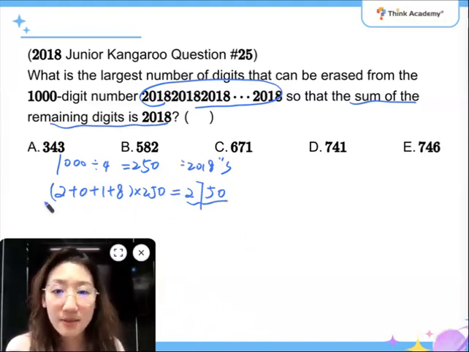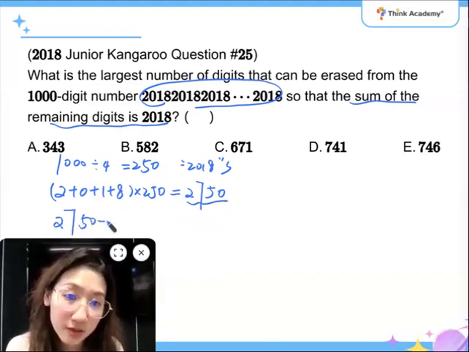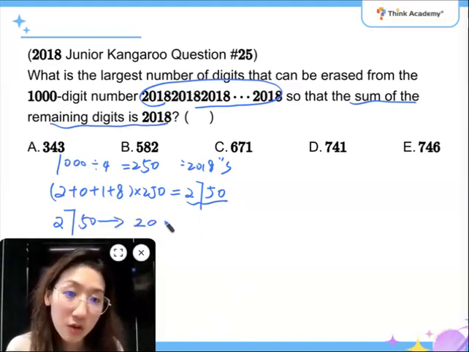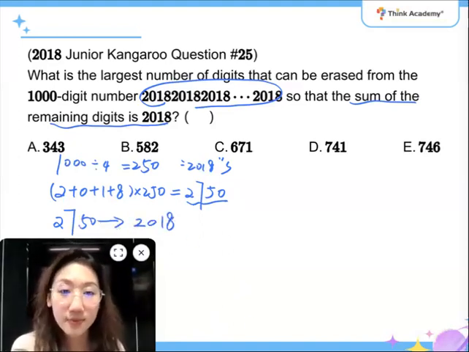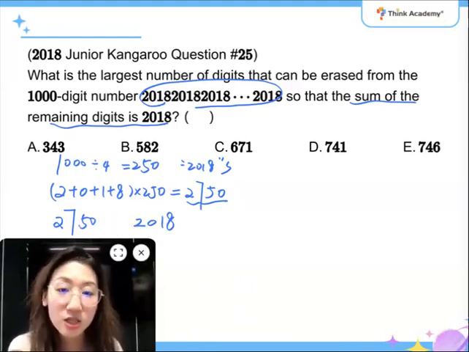So what is happening in this question is that you're going to erase some digits so that the sum of the digits goes from 2750 to 2018. Now let's see what the sum of the digits that we need to erase is.